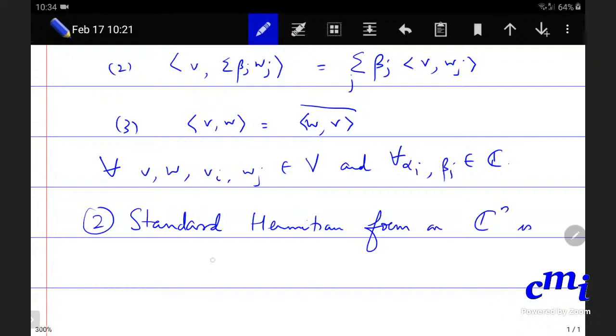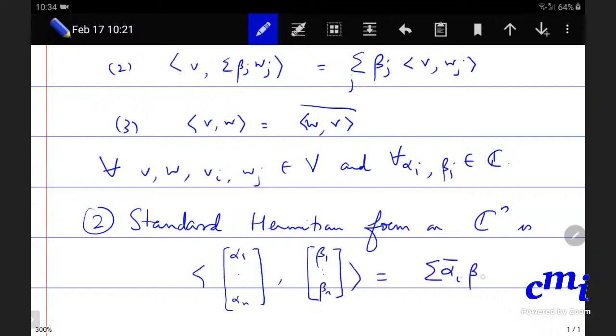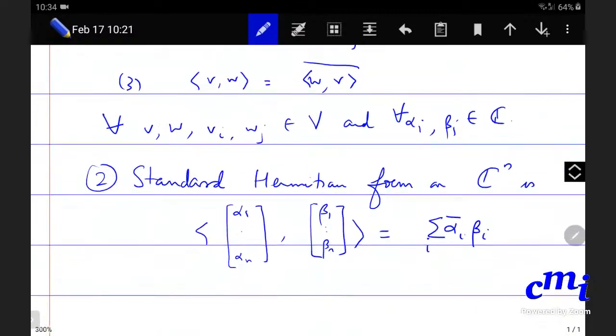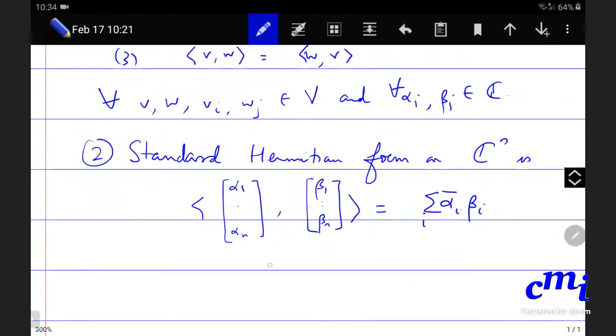For vectors alpha_1 through alpha_n and beta_1 through beta_n, this is the sum over i of alpha_i bar times beta_i. So if I call this thing x and this thing y, vectors, then this is just x conjugate transpose y.